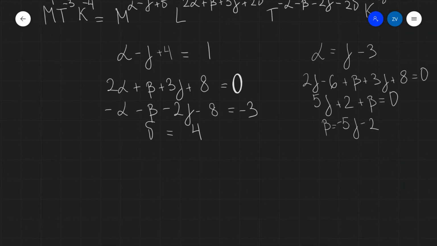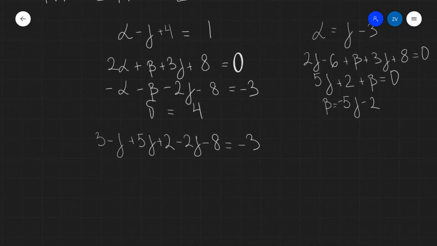But rather than alpha, what I'm going to say is that alpha is gamma minus 3. Multiply this by minus 1, so minus alpha will be equal to 3 minus gamma. Minus beta will just be equal to 5 times gamma plus 2. Minus 2 times gamma minus 8 will be equal to minus 3.